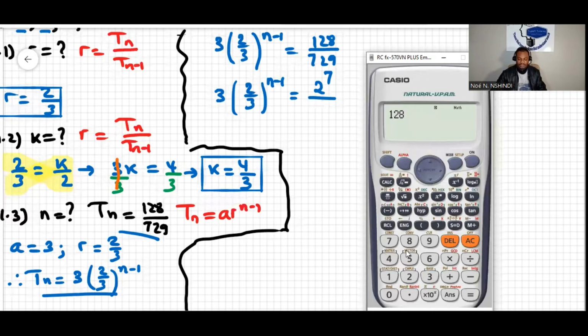You press 128, and then equal, and then you press shift and then fact, and you get that 128 is 2 to the power of 7.